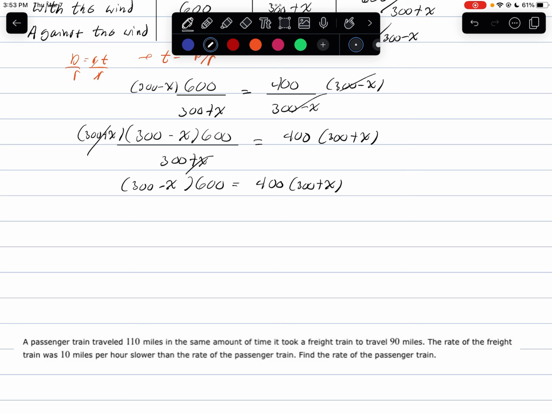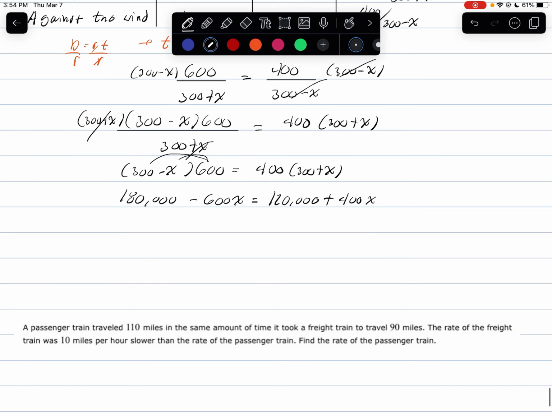Now we can go ahead and simplify and solve for x. We're going to distribute the 600 to the x and to the 300. So we get 180,000 minus 600x is equal to, if we do 400 times 300, which should be 120,000, plus 400x.